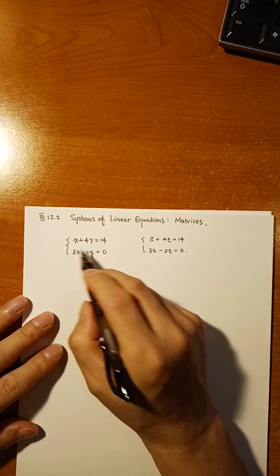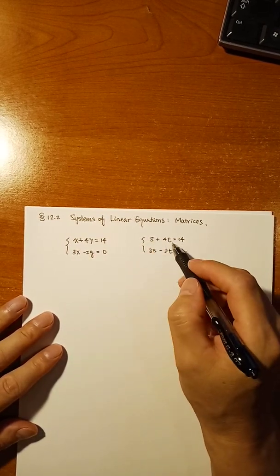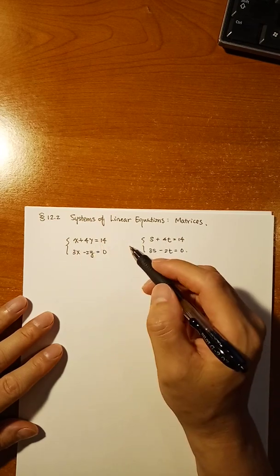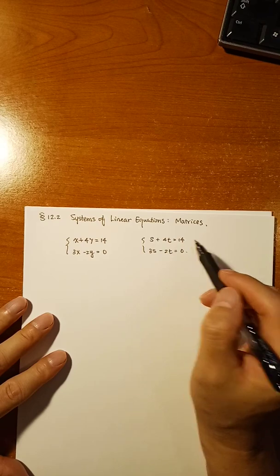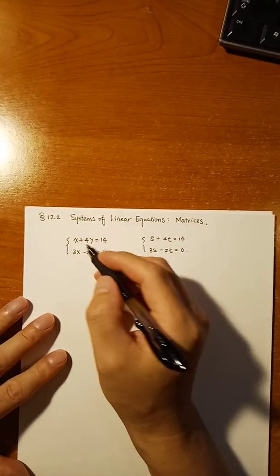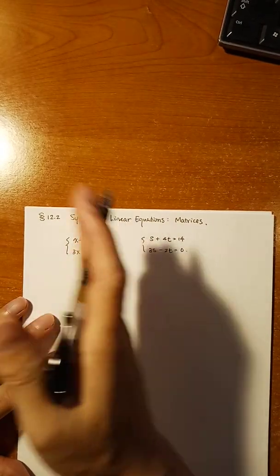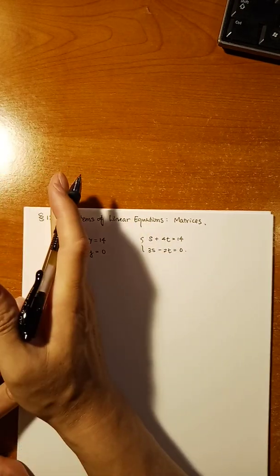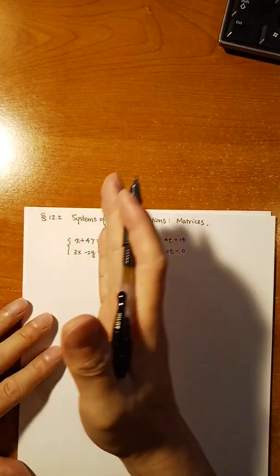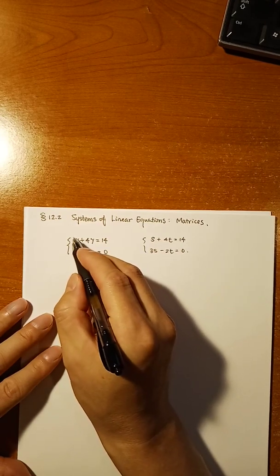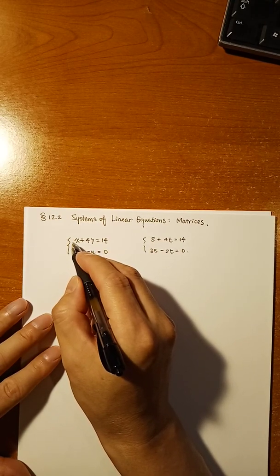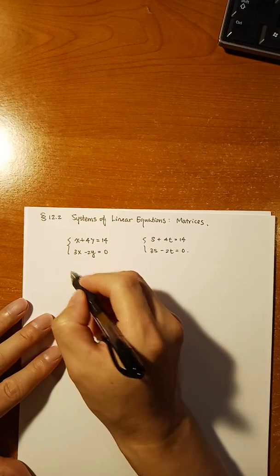So this system does not depend on the x and y. They depend on those numbers. Those are so-called coefficients. So x, y actually just represent the position, like a first variable, second variable. So x has coefficient, see here, there's no coefficient. The coefficient is 1.